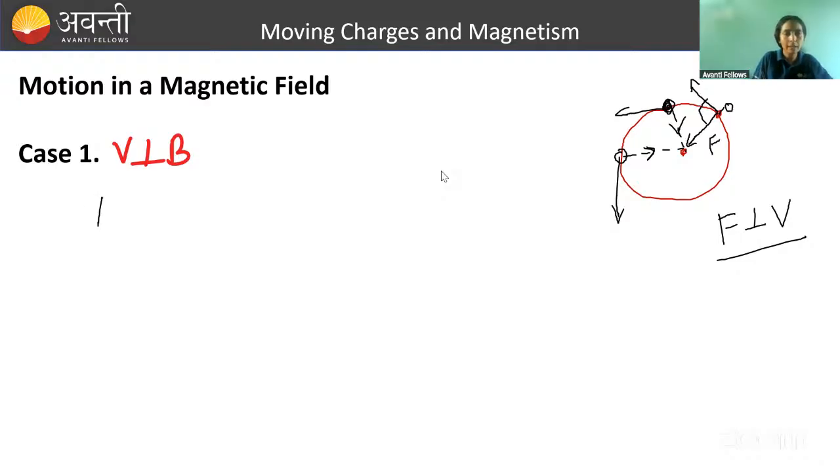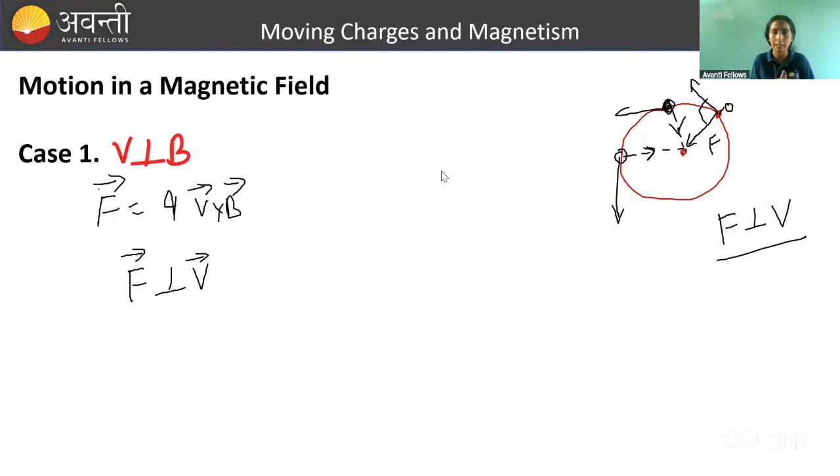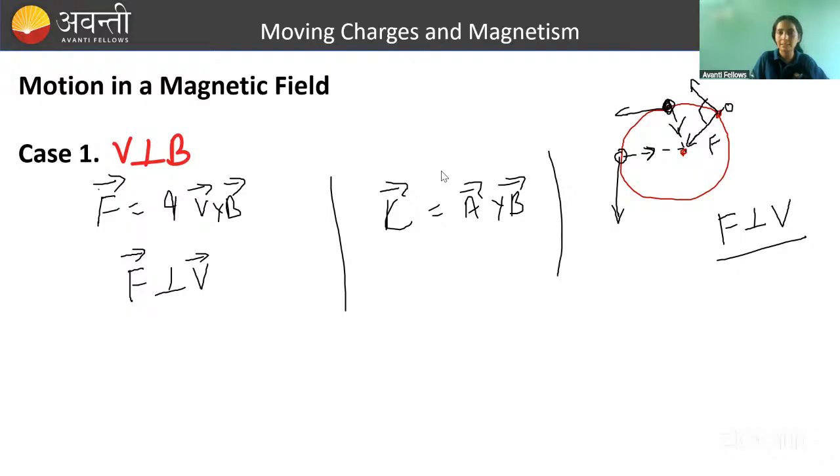So यहाँ पे अगर आप force का formula लिखोगे Q V cross B, तो क्या दिख रहा है मुझे? मुझे दिख रहा है force perpendicular to velocity from the cross product. Cross product का basic formula होता है. In cross product, we say that if C vector is equal to A cross B vector, कल के क्लास में भी मैंने बताया था, इसका मतलब ये होता है कि C vector is perpendicular to A vector and C vector is perpendicular to B vector.